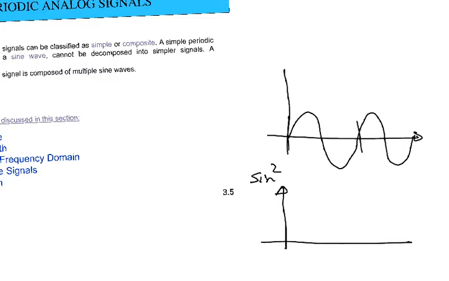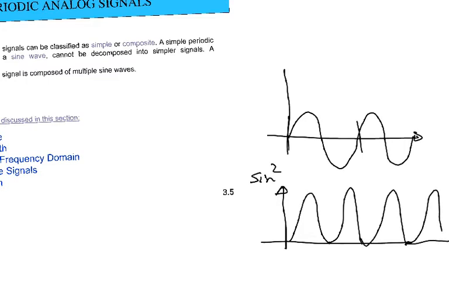So sine x squared is something like this. So it's a square of this. Okay. So this is a periodic analog signal because it has, again, a cycle, and the cycle repeats, right?